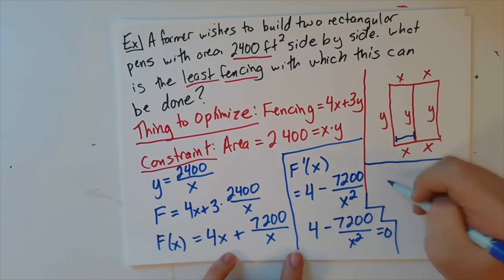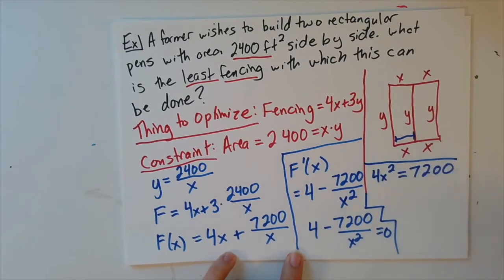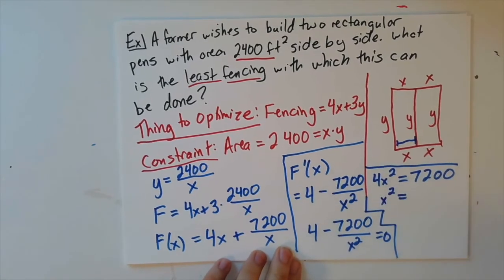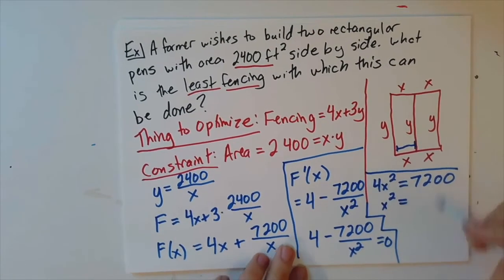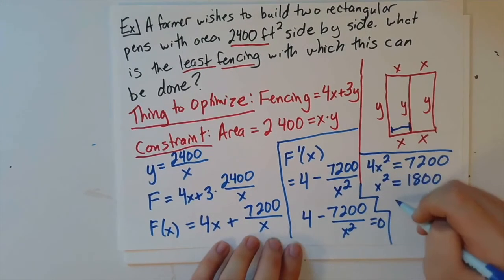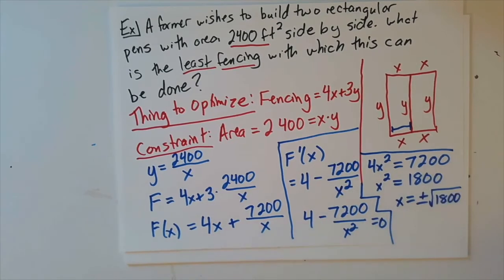Okay, so that gives me 4x squared equals 7,200, which gives me x squared is 1,800, which gives me that x is plus or minus the square root of 1,800.